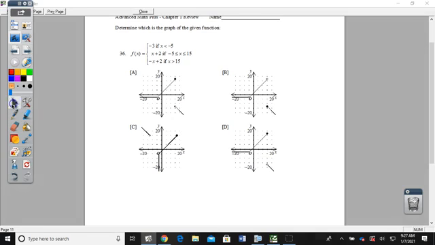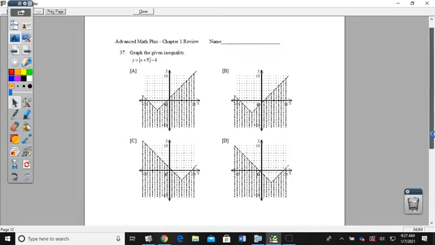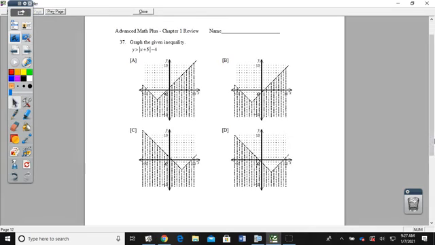All right. Last one. Right here. Again, move the opposite way. If it's in the absolute value parts, right? Translate left 5, and down what? 4. Down 4.